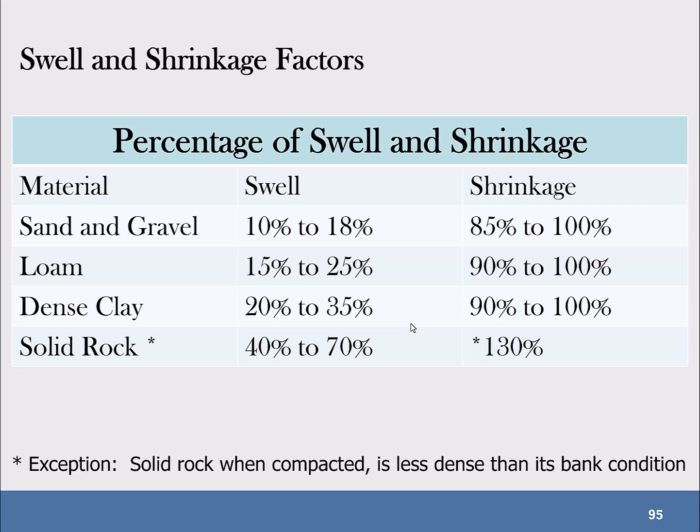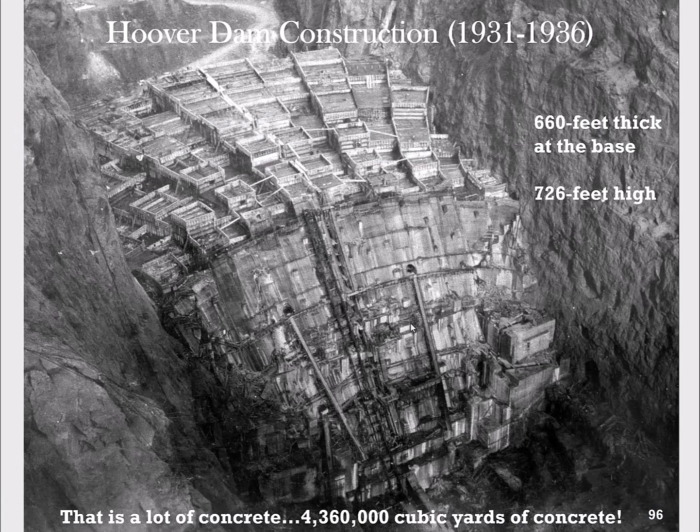But anyways, here's the Hoover Dam, built during the Great Depression, 1931-36. I've heard different numbers here, but these are the smallest numbers I've seen, where there's at least 4.4 million cubic yards of concrete in that thing, and it looks a lot prettier than that.